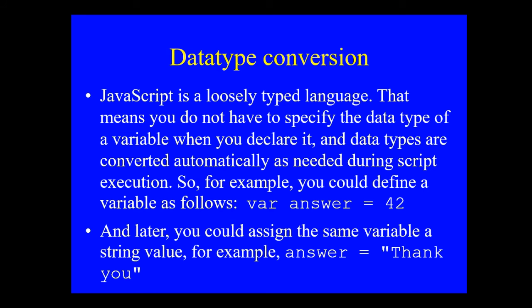Data type conversion. JavaScript is a loosely typed language. That means you do not have to specify the data type of a variable when you declare it, and data types are converted automatically as needed during script execution. For example, you could define a variable as follows: var answer = 42. And later you could assign the same variable a string value, for example answer = "Thank you".